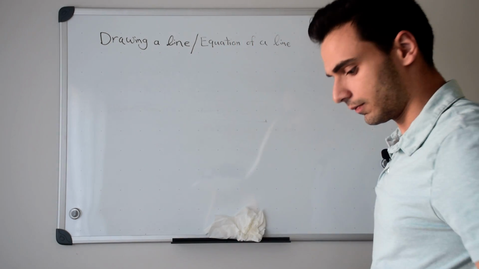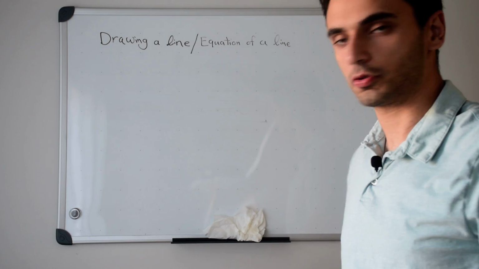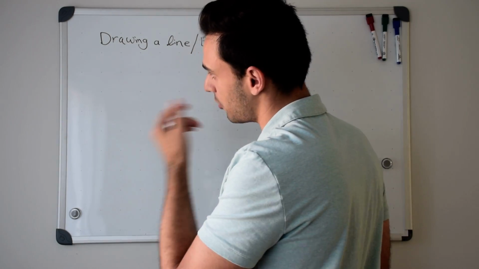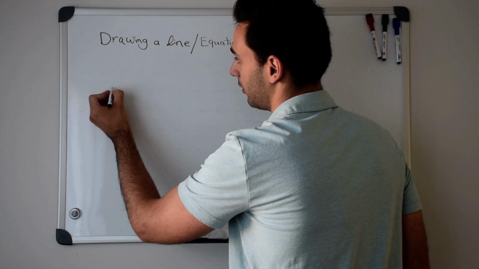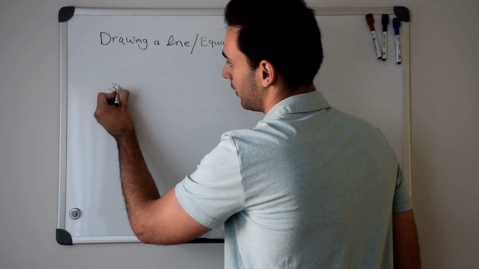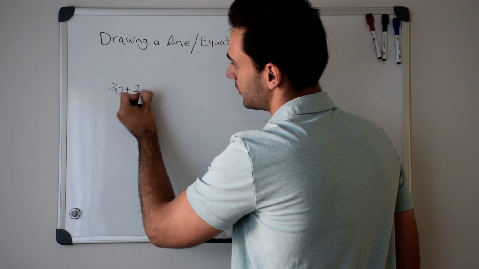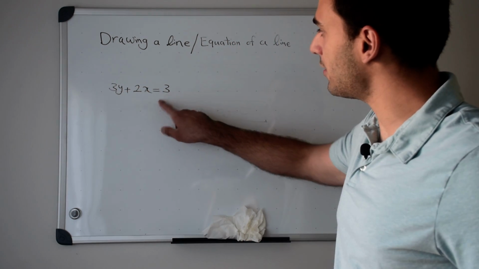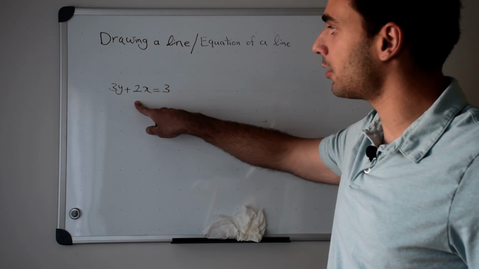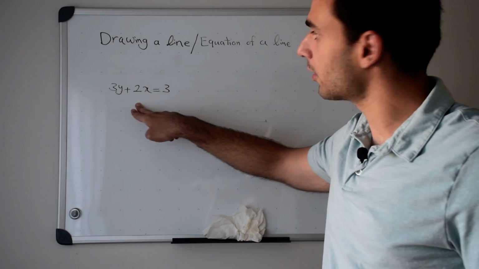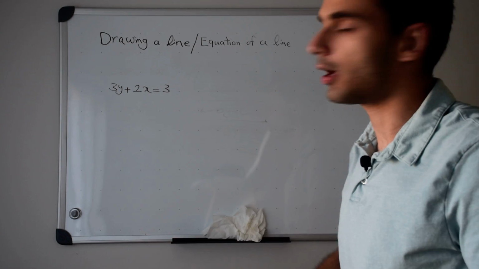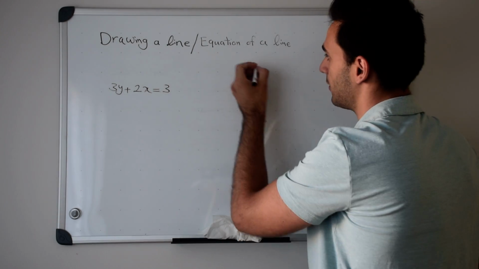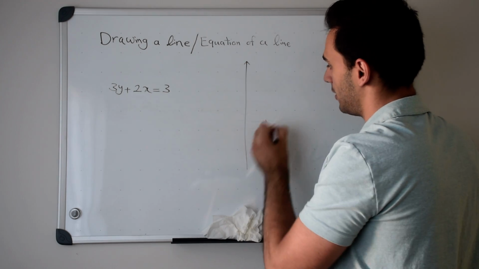There are two steps basically. Let's say the question asks us to draw a line as 3y plus 2x equal to 3. It's neither general form nor slope point form, and it doesn't matter. Draw this line in the plane.